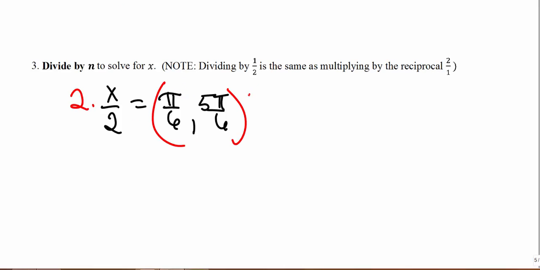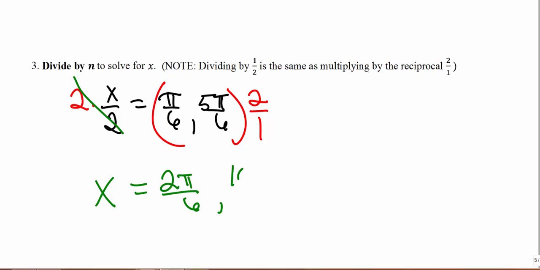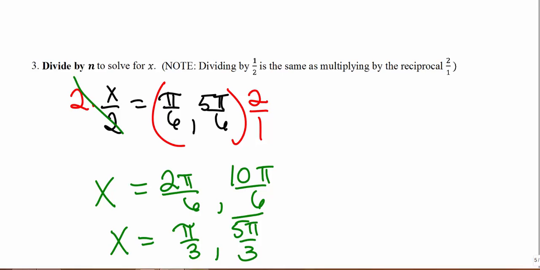We're going to do it to both of the angles on the right hand side. So we get x is equal to, and if I multiply the top by 2, we get 2 pi over 6, and then 10 pi over 6, and we always want to reduce our solutions. So we get pi over 3, common factor of 2 here, we get 5 pi over 3.